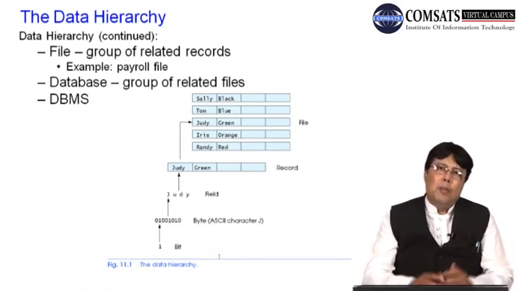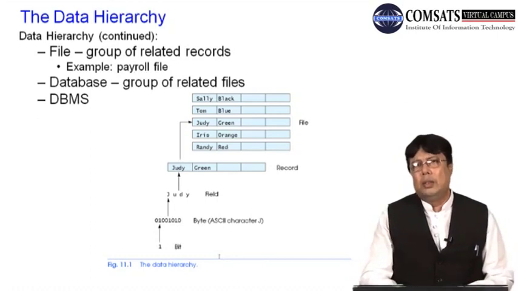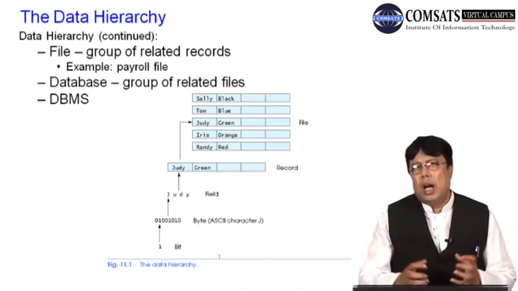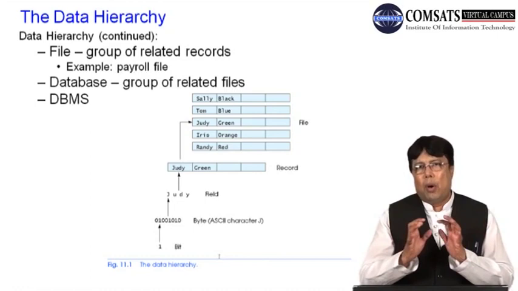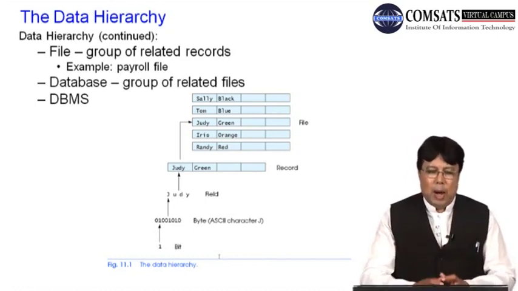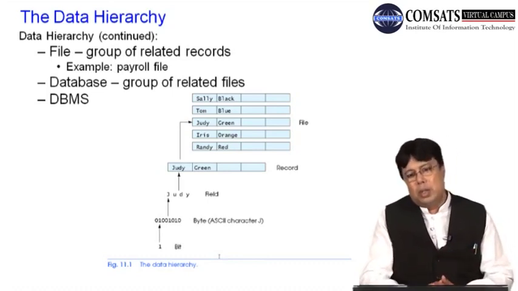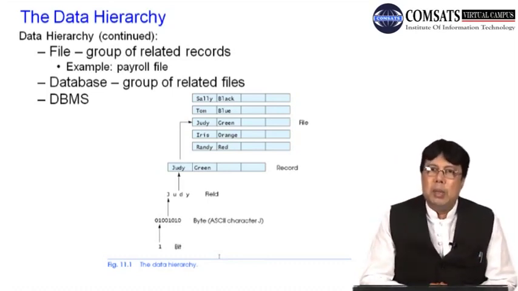Then in one particular organization you may have hundreds and thousands of files, and you need to organize those files together in the form of one information system. So when you combine and group different files under one particular information system, it becomes the database.